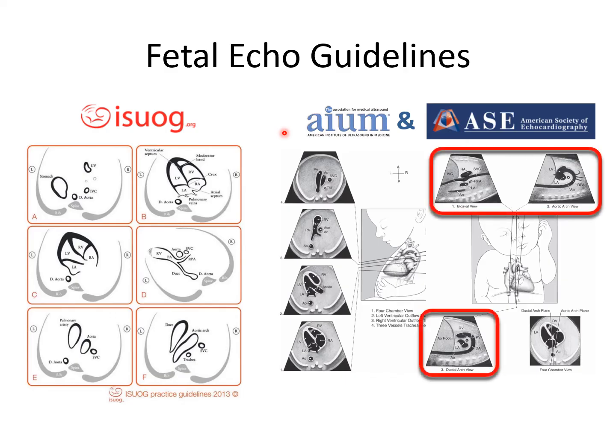Whereas in the AIUM and ASE guidelines, the sagittal views through the fetus are depicted here and here with the arches and the bicaval view shown as well, and also adding in the short axis ventricular views. They're not shown here, but that's also part of the standards for the AIUM and ASE guidelines.